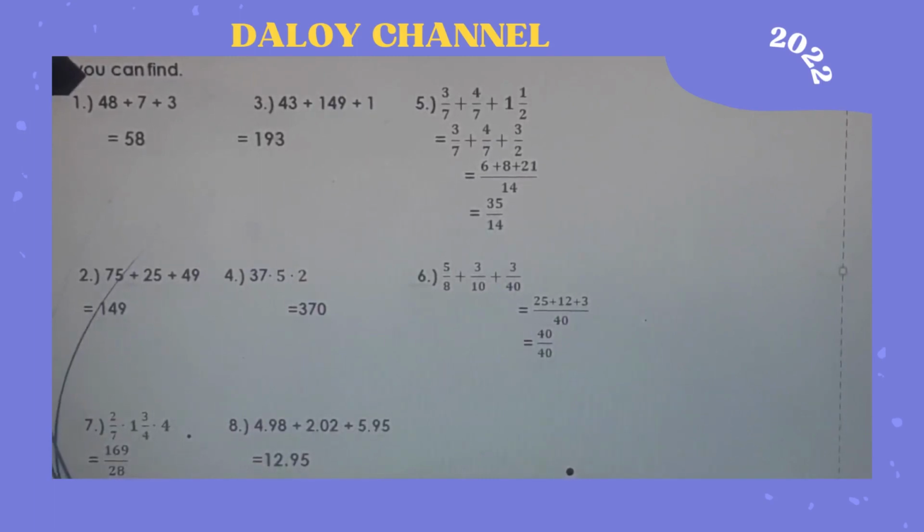The numbers are required to add or multiply a proper fraction with an improper fraction, times a whole number, divided by a whole number, times a whole number. So 2 over 7 and 1 and 3/4 becomes 8 over 4.